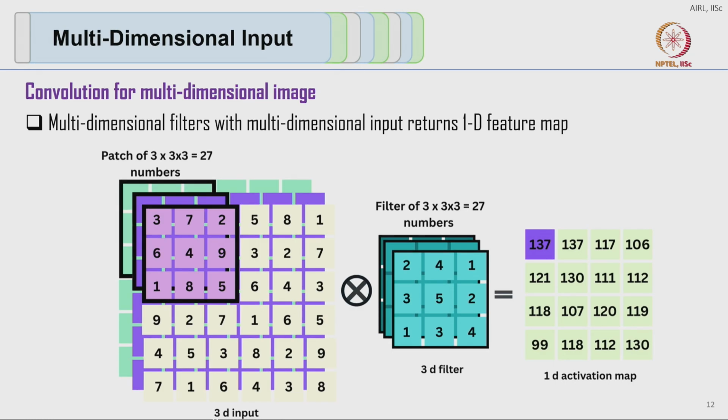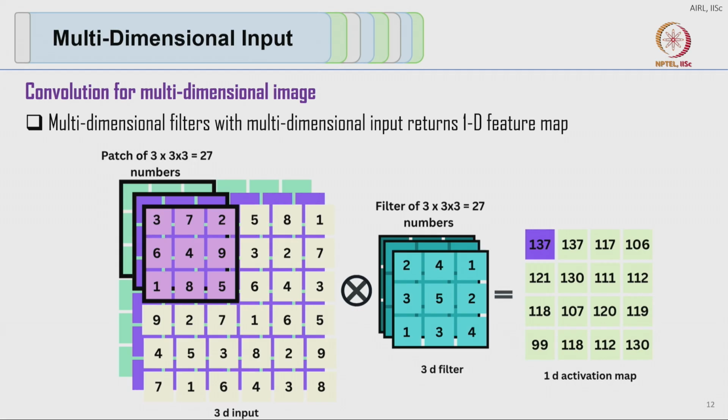Now I can do the same thing for a multi-dimensional input. For every dimension you could have a filter. Earlier we talked about single dimension. Suppose we talk about an RGB image: for R there will be a matrix, for G there will be a matrix, and for B there is a matrix.